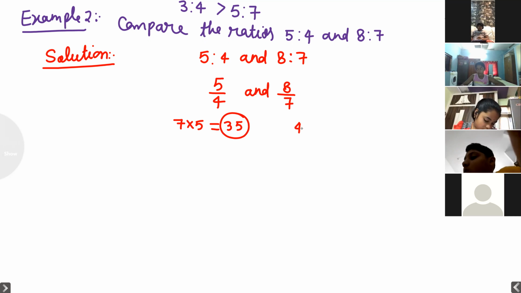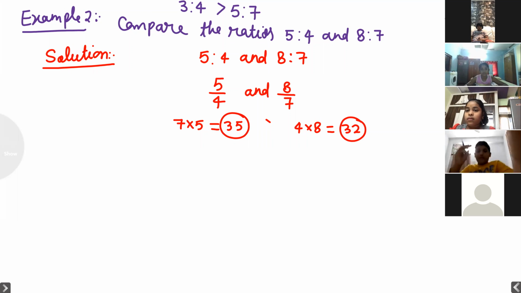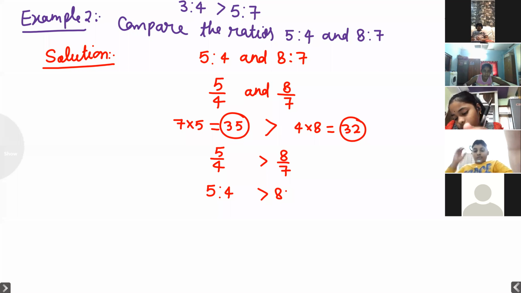Next, 4 into 8 is equal to 32. Which one is greater? 35. Means 5 by 4 is greater than 8 by 7. I can write here 5 is to 4 is greater than 8 is to 7.